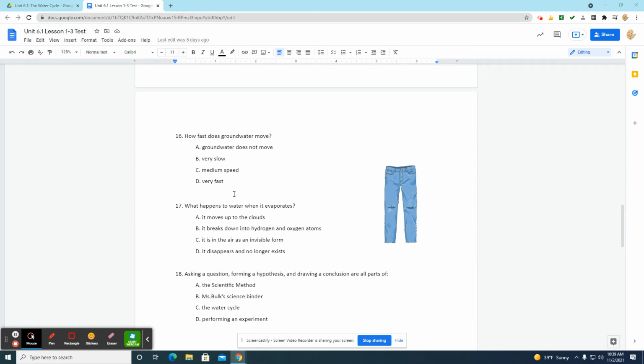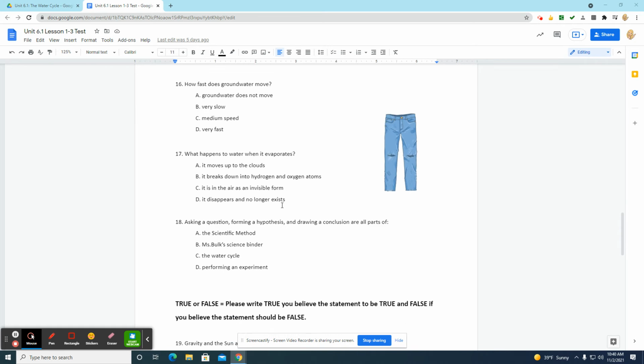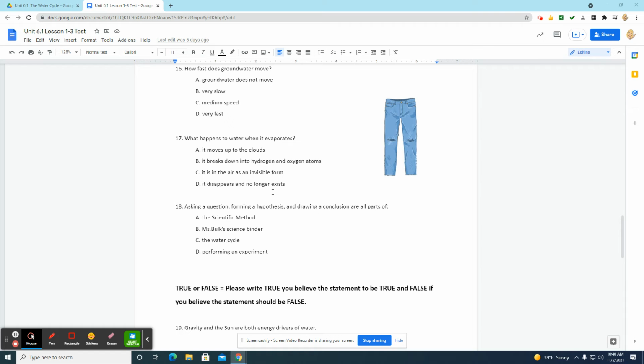16. How fast does groundwater move? Groundwater does not move, very slowly, a medium speed, or very fast. How fast does groundwater move? 17.